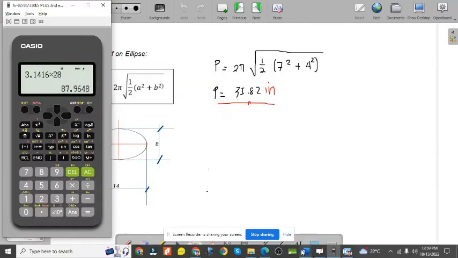So when you plug into the calculator, you get 2 times pi, and then times, of course, the square root of 0.5 times 49 plus 16, right?